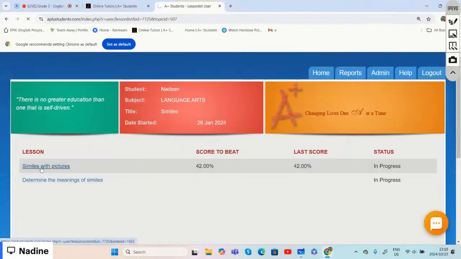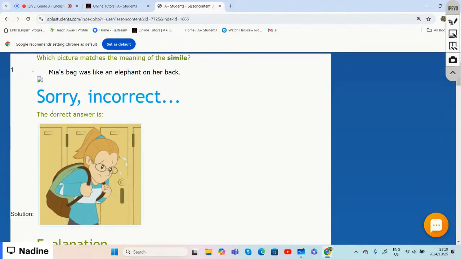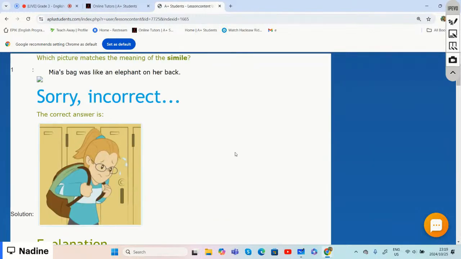All right, so similes with pictures. So we're going to go over similes with pictures first. All right, if we look at the picture, right?